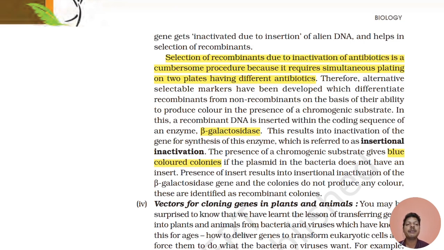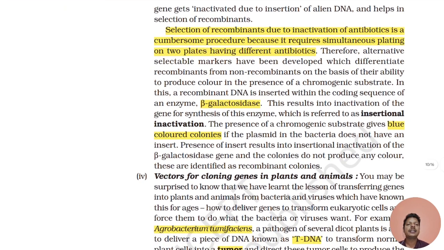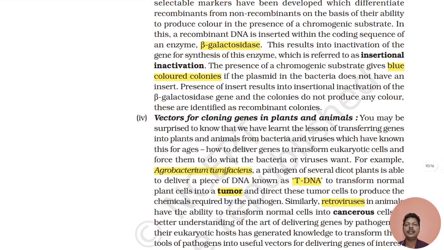This results in inactivation of the gene for synthesis of this enzyme, which is referred to as insertional inactivation. In the presence of a chromogenic substrate, colonies give blue color if the plasmid in the bacteria does not have an insert. If an insert is present, it results in insertional inactivation of the beta-galactosidase gene, and the colonies do not produce any color and become white. So they can be easily identified.